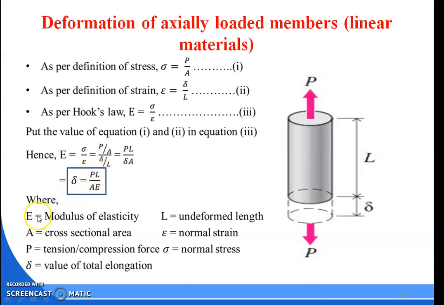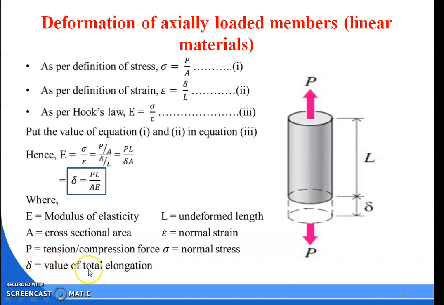Here capital E is the modulus of elasticity, also known as Young's modulus. Capital A is the cross-sectional area of the body or structure. Capital P is the compression or tension force acting on that body.